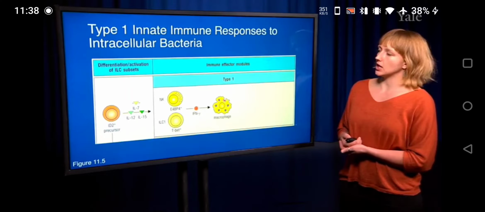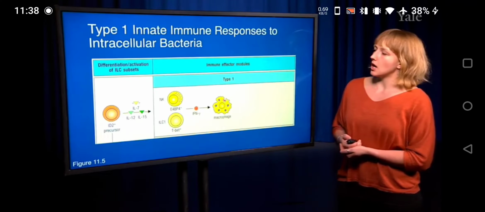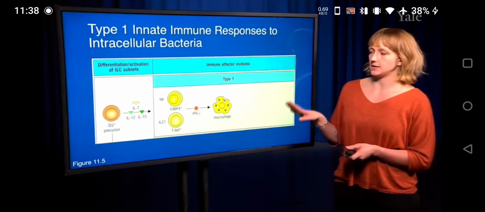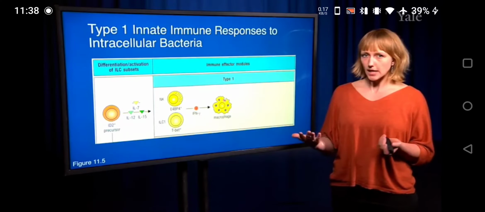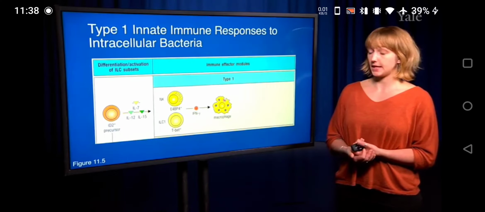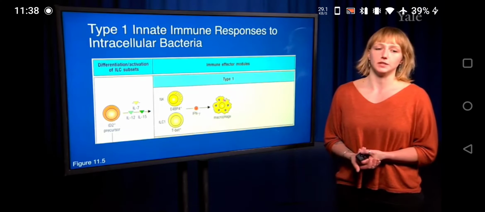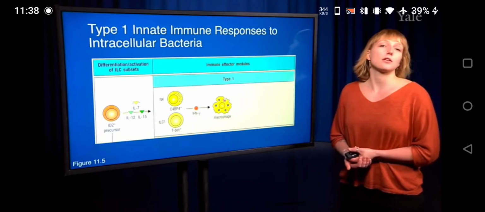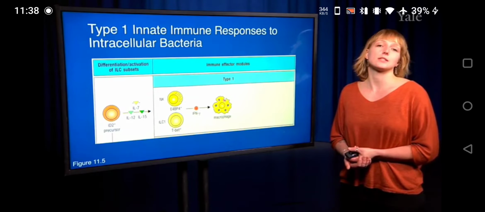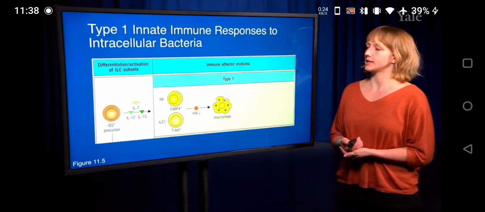So seen here is our type 1 response that is mediated by NK cells and ILC1s against intracellular bacteria, and both of these cells will produce large amounts of interferon gamma, which activates macrophages to stimulate increased phagocytosis of pathogens and antigen presentation.